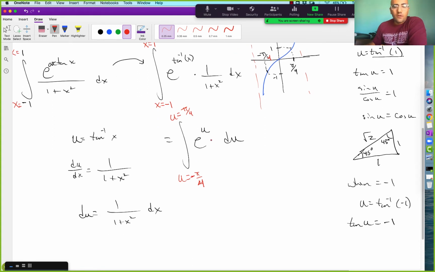Good. Okay, so the integral of e to the u is just going to be e to the u. That's the beauty of this function.